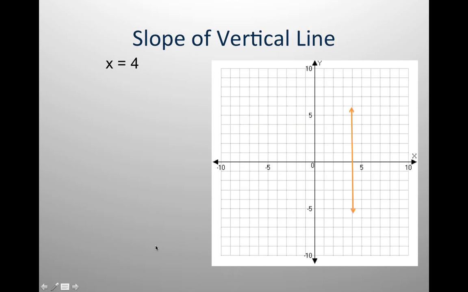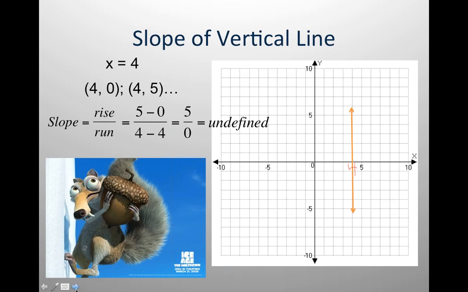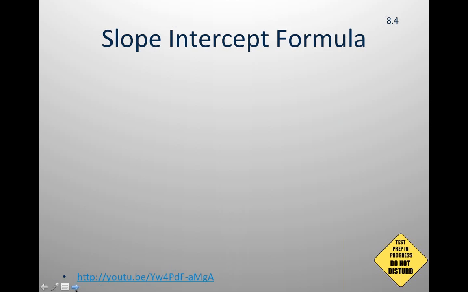And x equals 4 is going to be right here at 4. And the slope will be undefined. Okay, slope-intercept form.